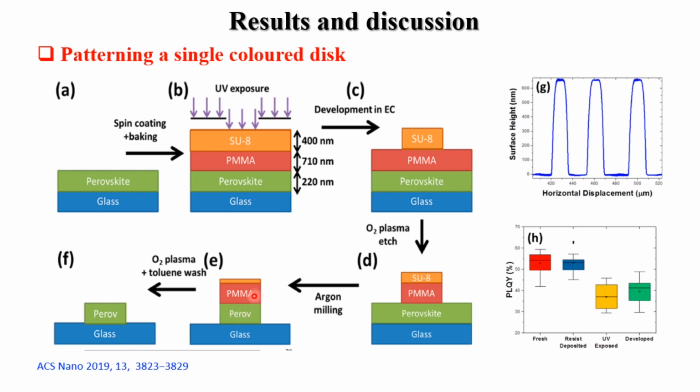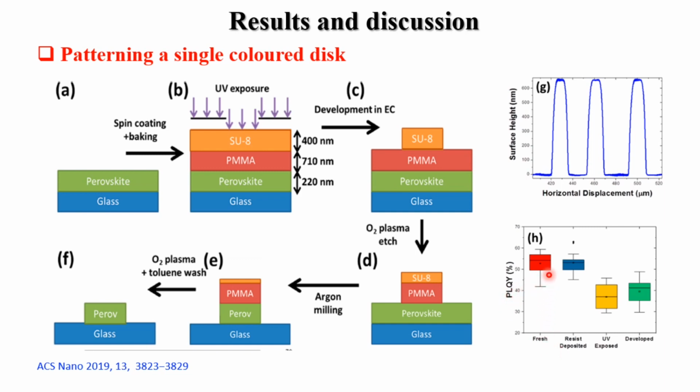After that, the remaining PMMA and SU8 are removed again by oxygen plasma and with some toluene baths. Then surface profilometry is done, and we can see they found a flat surface on this perovskite with a certain surface height.